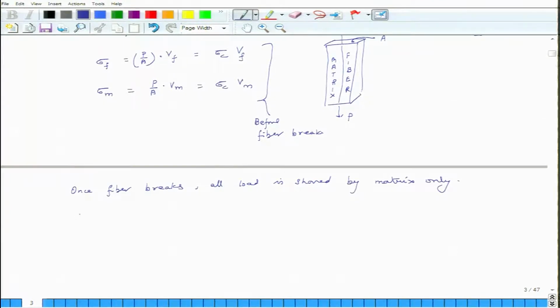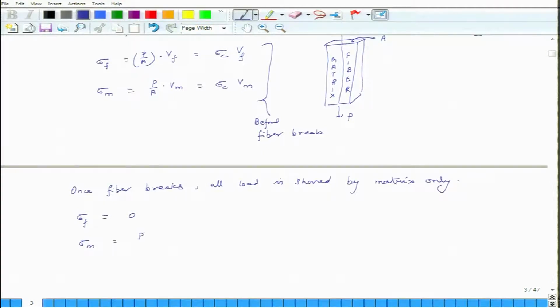So, in that case, sigma F, the stress in fiber, is 0. And what is the stress in the matrix?